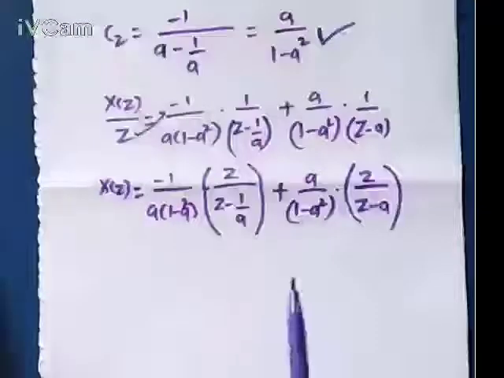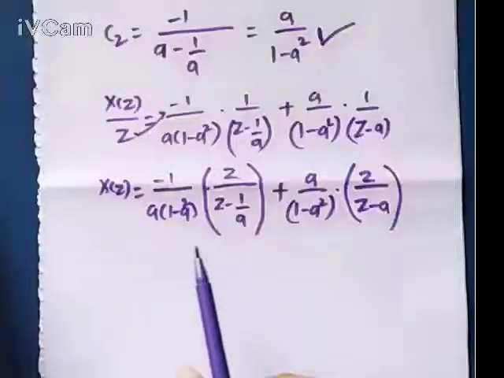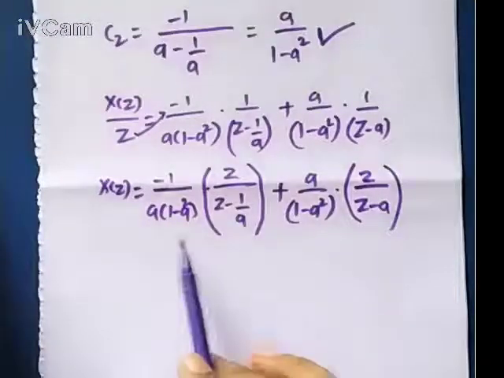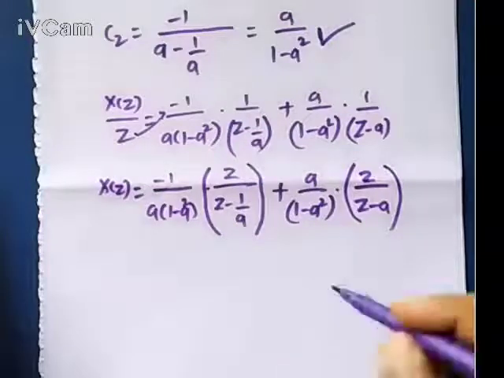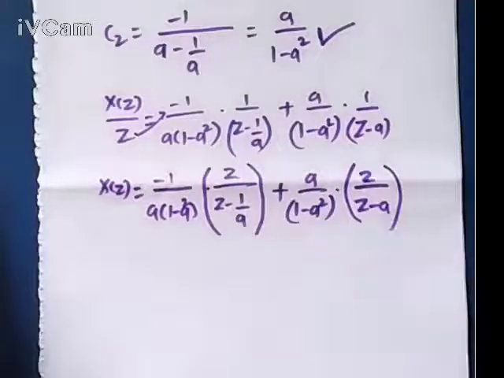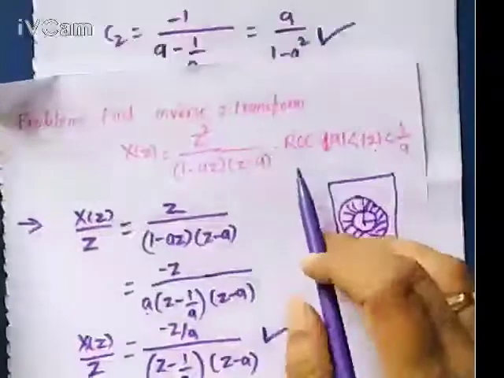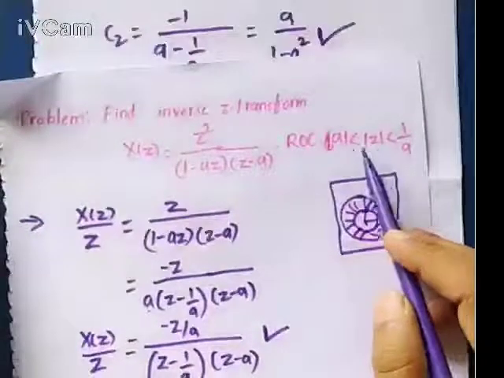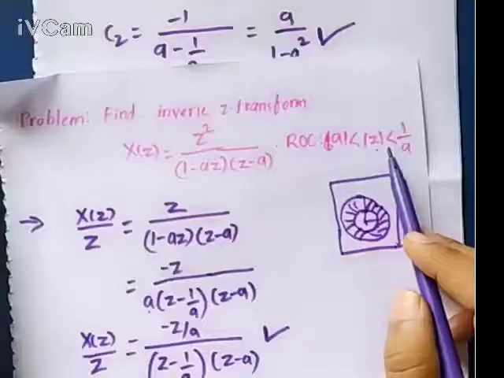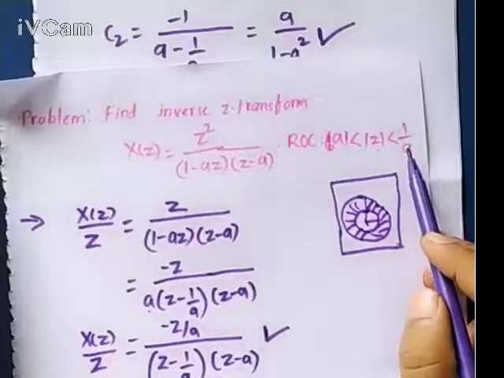Now come here. What is the ROC for the given x of z? The ROC given is z is greater than a, but it is less than 1 by a, right?